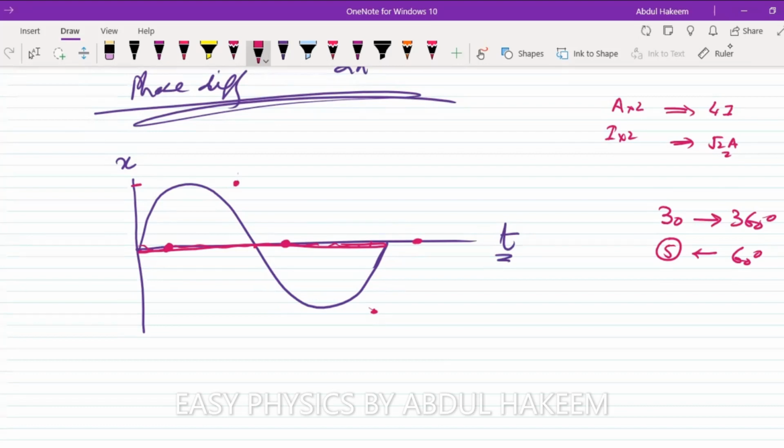We will shift this amplitude to 14. So this is the new wave, which lags behind by 60 degrees and has double the intensity.